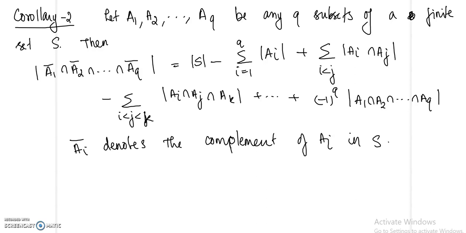So we use corollary 1 in the form we define the properties, and then we will obtain this result. So for the proof, let me define first of all the properties. So I have the subsets A1, A2, etc., AQ.